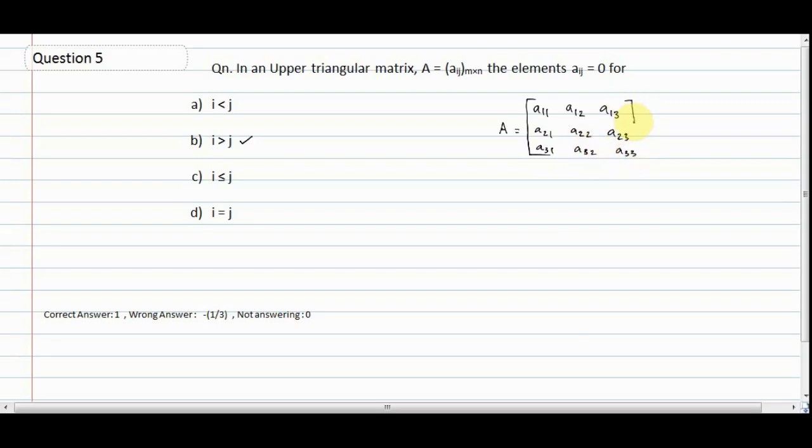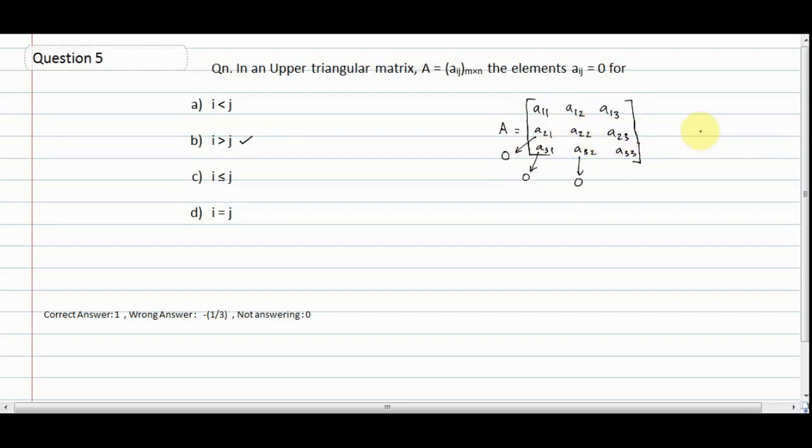Okay, so this matrix can become an upper triangular matrix if and only if all elements below the main diagonal are equal to 0. So here elements below the main diagonal are A21, A31 and A32. These 3 elements must be equal to 0 for matrix A to become an upper triangular matrix.